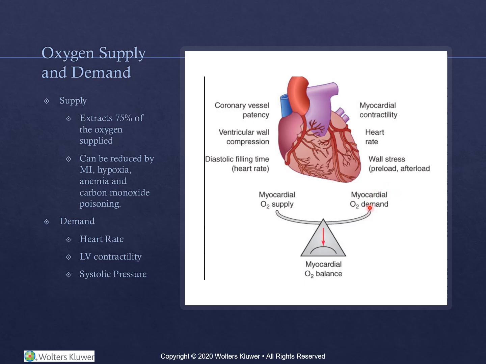The other side of this supply and demand equation is the demand side. So things that can increase the overall oxygen demand of the heart, meaning increasing its need for oxygen, are things like an increase in heart rate. So if the heart is beating faster, it will need and use more oxygen. Another piece is left ventricular contractility.